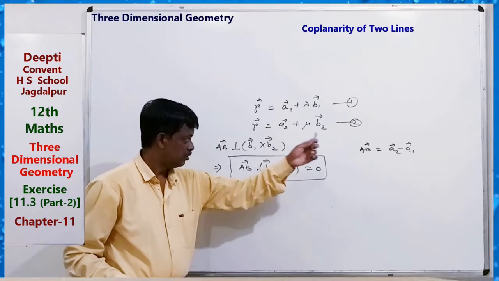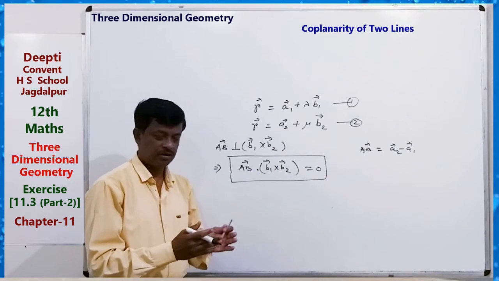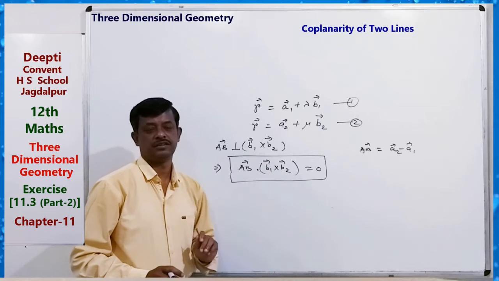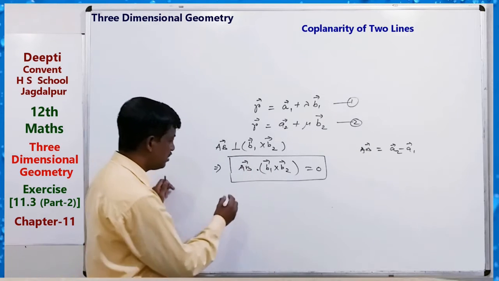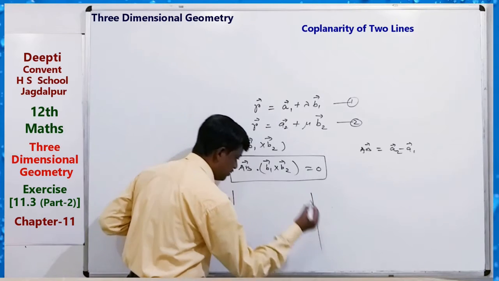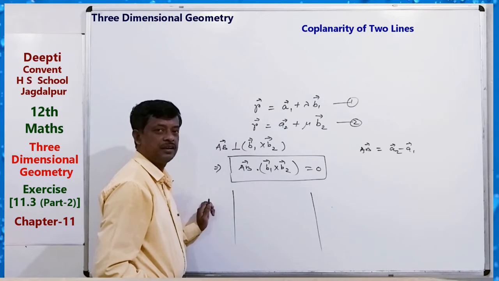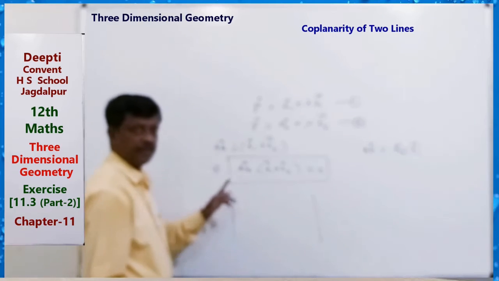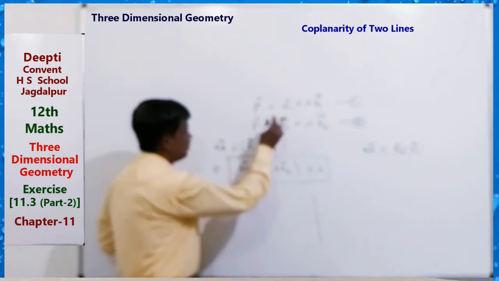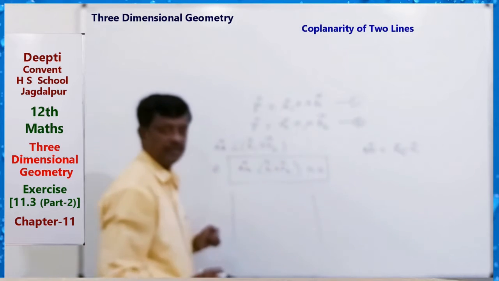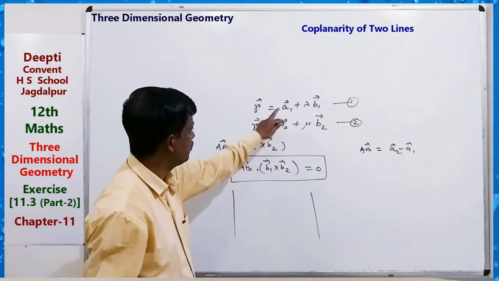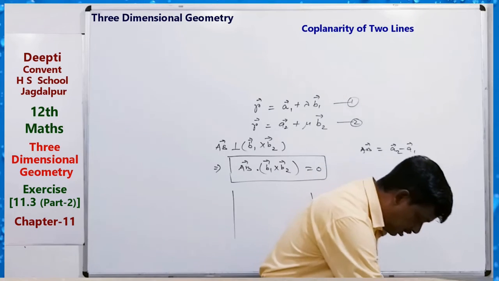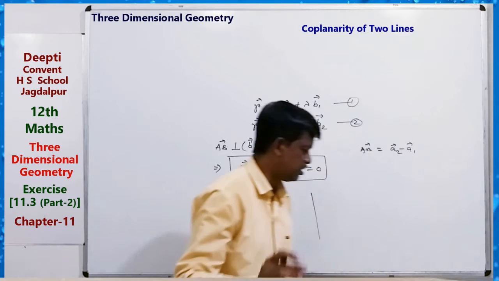There are three vectors here, so it is a scalar triple product. It can be written in Cartesian form like this. Suppose the points are x1, y1, z1 and x2, y2, z2.